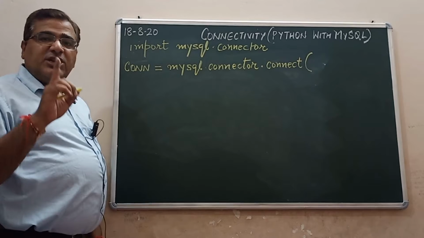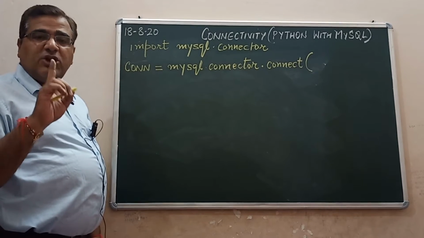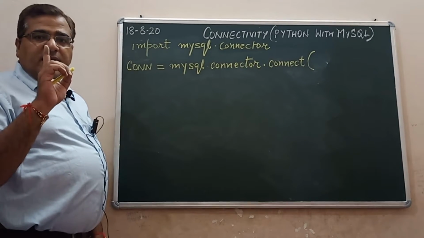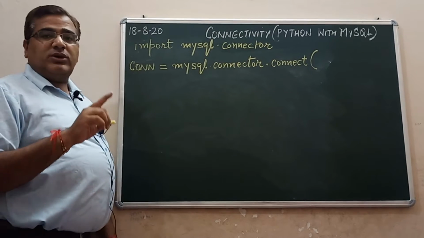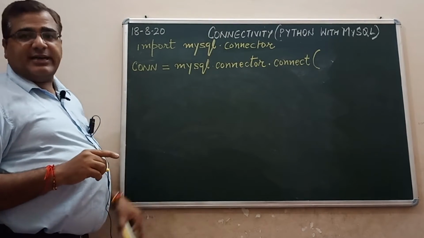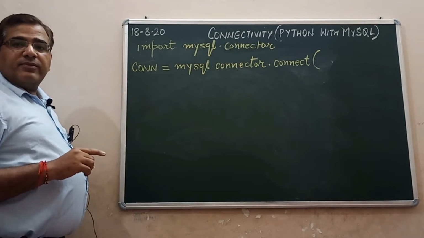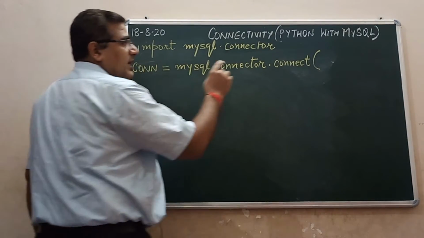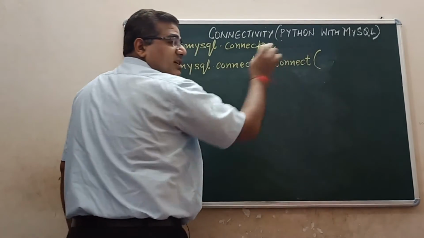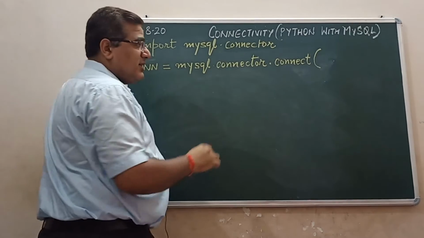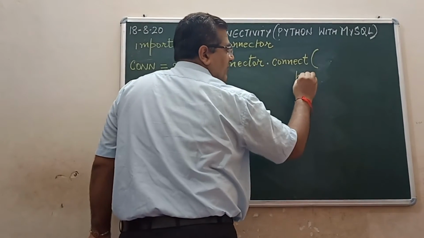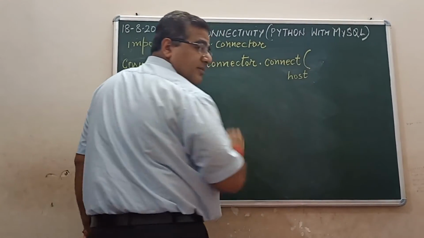Whichever Python version you have in your laptops, in your desktops, correlated with that, you have to download the connector from the internet. Right? Now, this function will take a few parameters. The first parameter it will take is host.